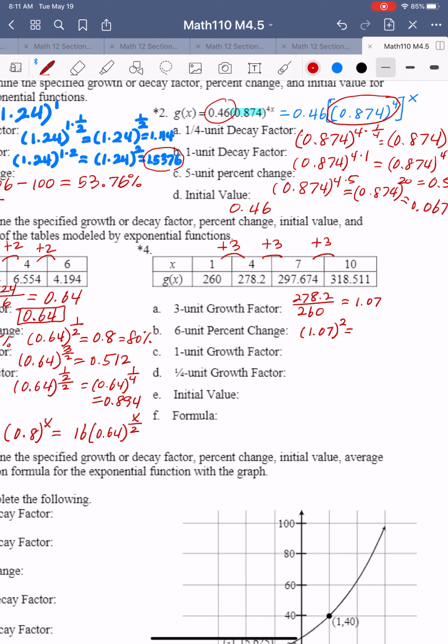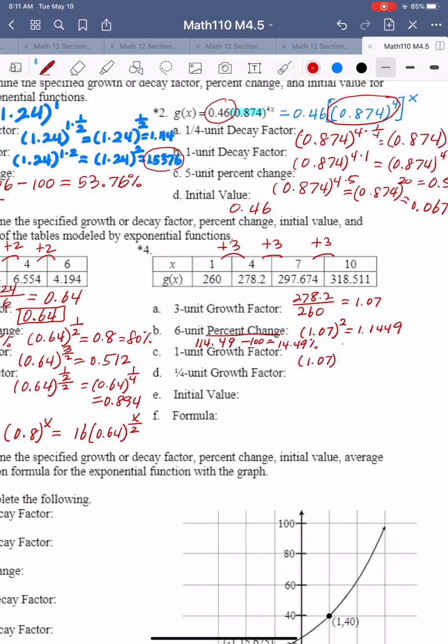And then you get 1.1449. But we have to find the percent change, right? So change the percent as 114.49. And then you subtract the 100, which is 14.49%.